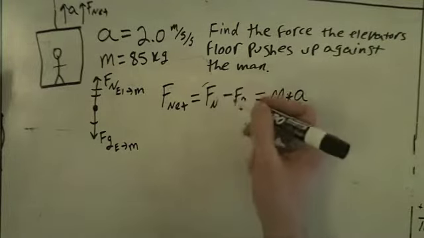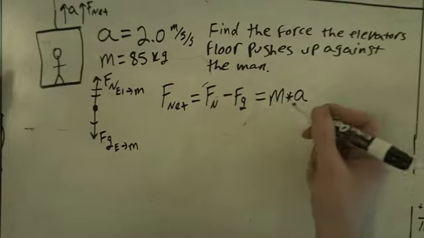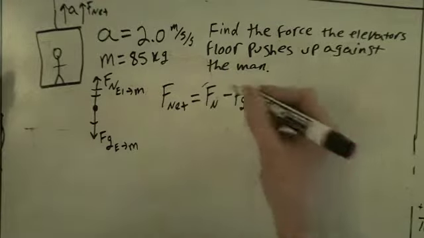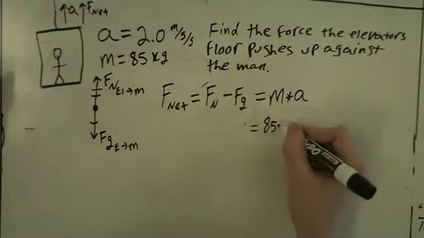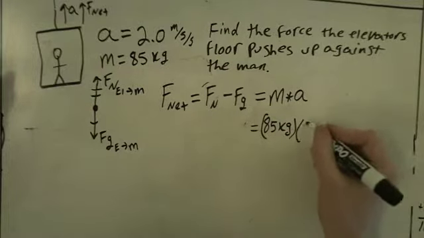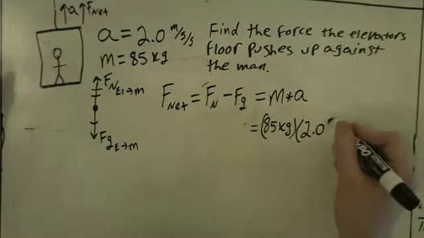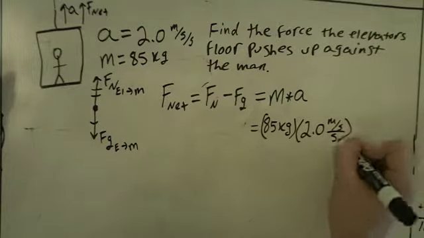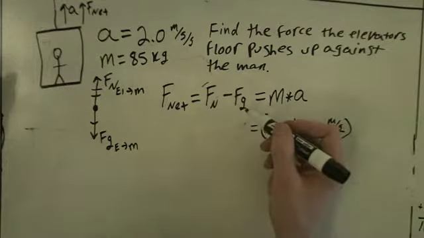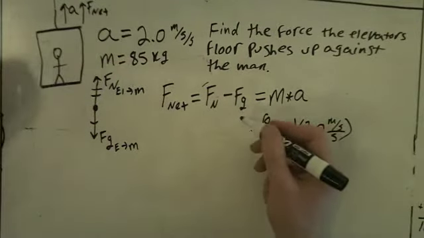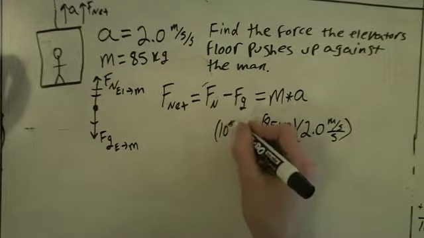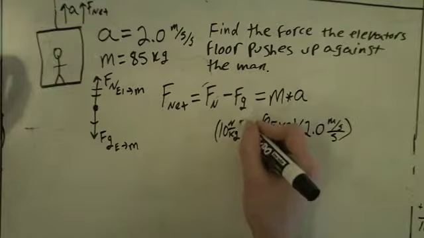So here's my goal. I'm looking for him. I can start to put in some numbers here because I know some of these. For example, I know that his mass is 85 kilograms. Okay, that's easy enough. His acceleration is 2 meters per second squared. And you know what? I have a way to solve for the force of gravity. I know his mass, and I know that objects on Earth get pulled at 10 newtons per kilogram.